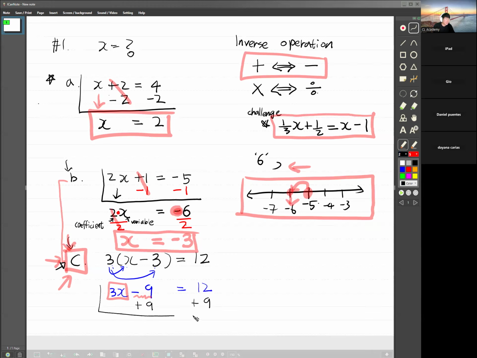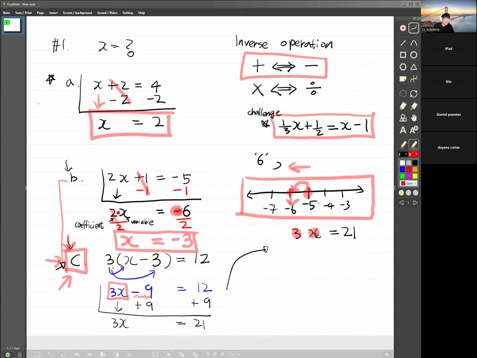Then 3x comes down. Minus 9 plus 9, they undo each other. That becomes 0. 12 plus 9, that's 21. Now I'm going to continue here. We have 3x equal to 21. One more time, that's the coefficient.